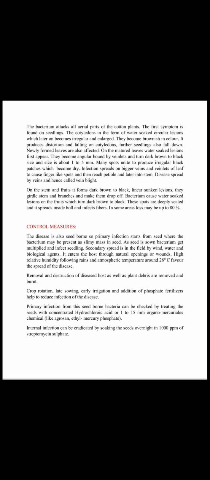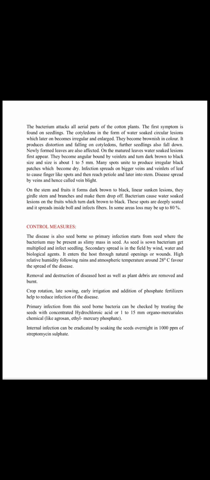Mainly this disease spreads by the veins, and hence it is also called vein blight. As this bacterium causes water-soaked lesions, at first they are light brown or dark brown, and then these lesions turn dark black in color.